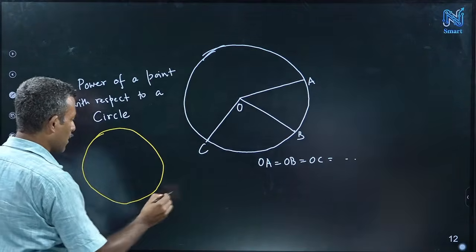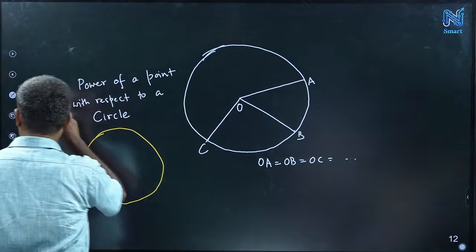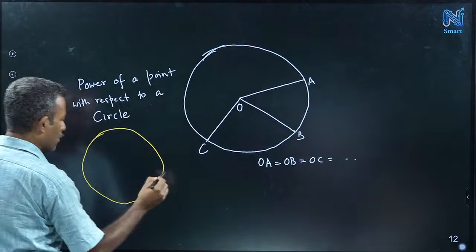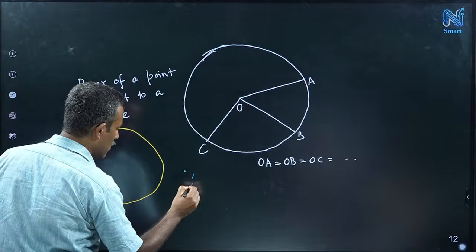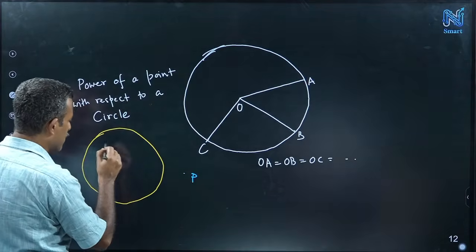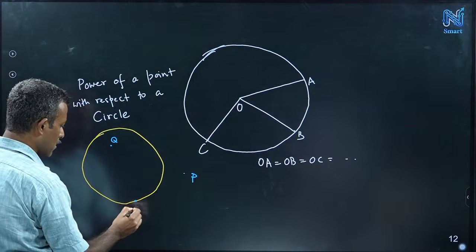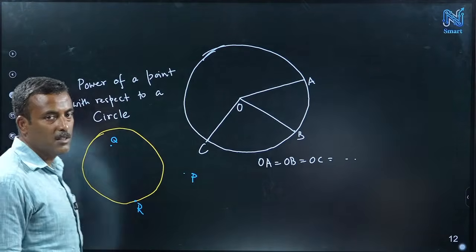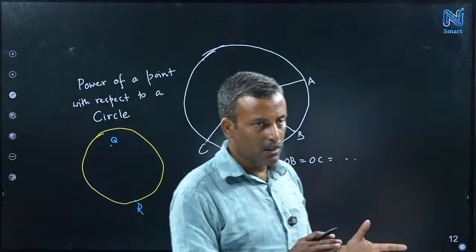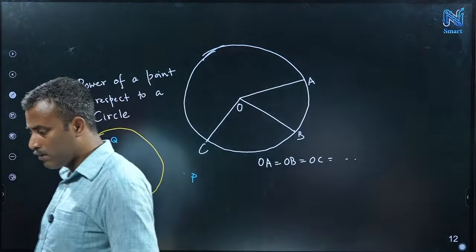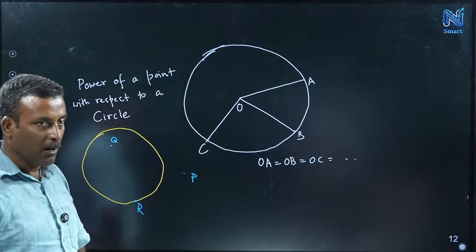A circle, and there is a point outside, say P, and one more point inside, maybe on the circle. Three different cases: outside the circle, inside the circle, and on the circle. What is the definition of the power?